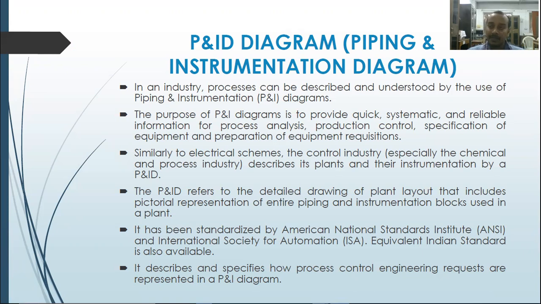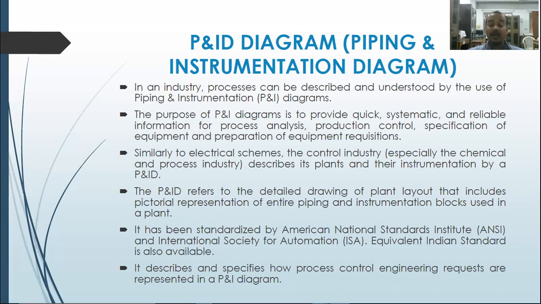This renowned pictorial representation came into the picture of instrumentation in the initial days of industrial growth, when it became clear that without the P&I diagram, information could not be transmitted clearly to different parts of the world.